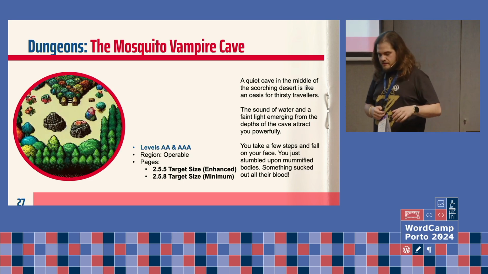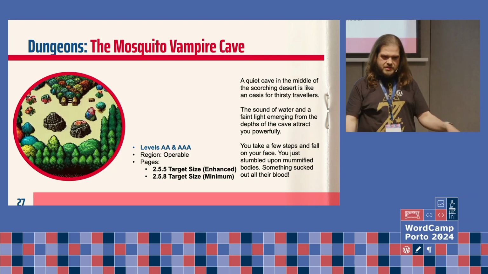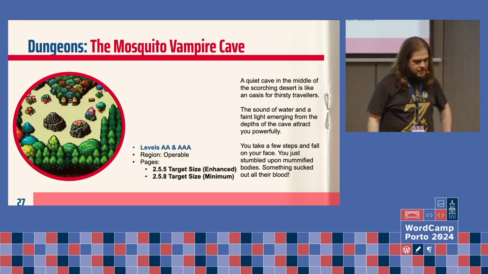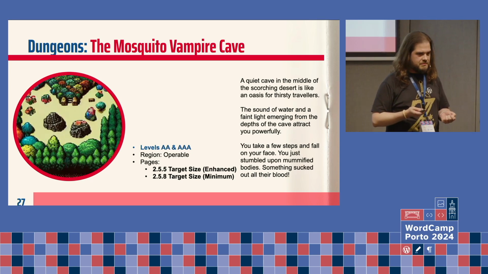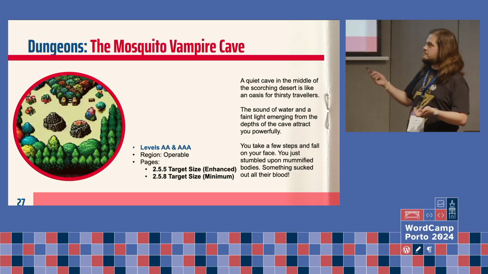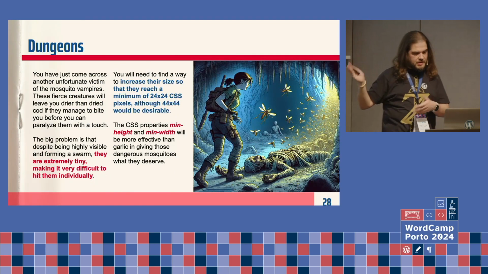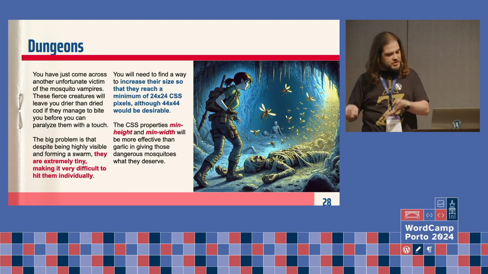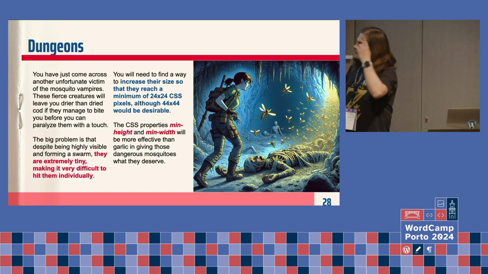But when you step again, you realize that there are a lot of corpses on the ground, and something has sucked out all their blood. What happened? The vampire mosquitoes attacked those travelers.